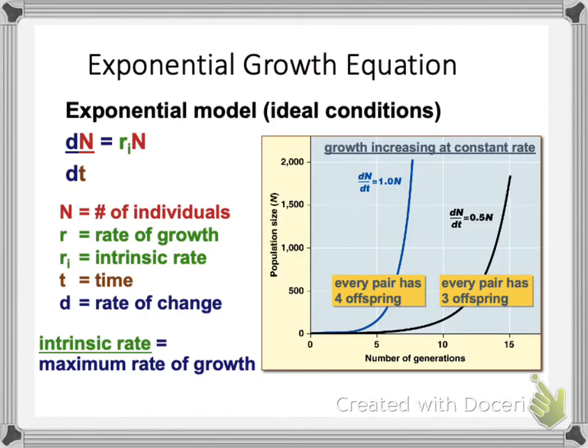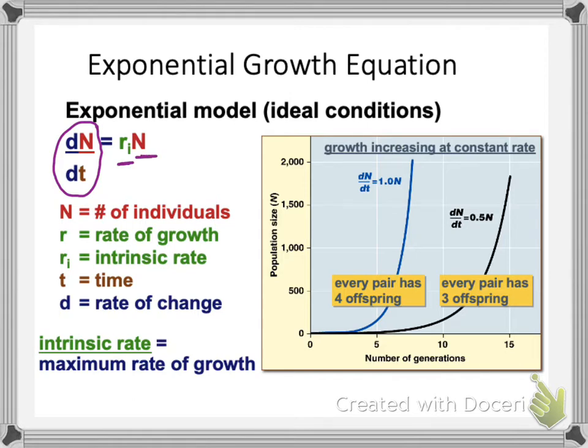Now, here is the mathematical formula for exponential growth. Again, this is under ideal conditions, okay? So this is our rate of growth, so the change in population size over time, okay? And we have two values we need to pay attention to, r and N. r_i stands for the intrinsic rate of growth, or the maximum rate of growth, and we're multiplying it by our population size.